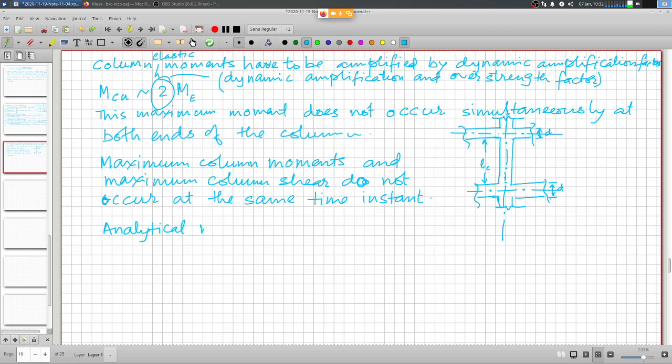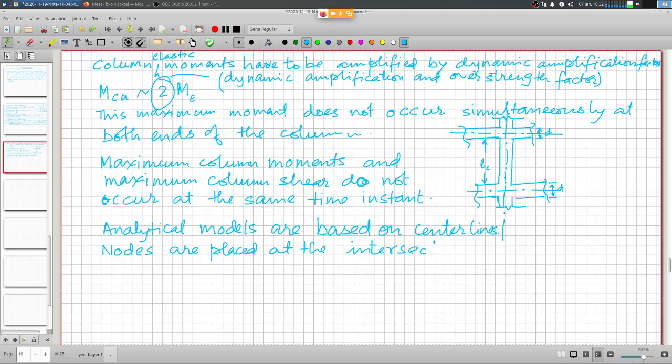Analytical models are based on center lines. Nodes are placed at the intersection of center lines.